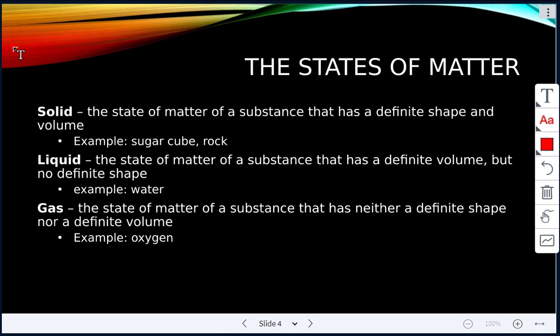It has a definite volume, but if you spill the juice on the floor, it doesn't have a definite shape. It takes on the shape of whatever container it's in. An example could be juice or water. Next is gas. This does not have a definite shape and it does not have a definite volume. An example of a gas is oxygen.